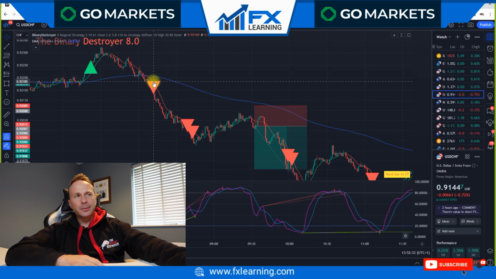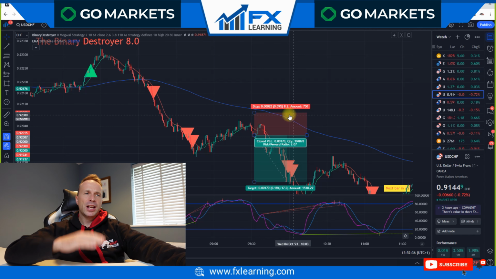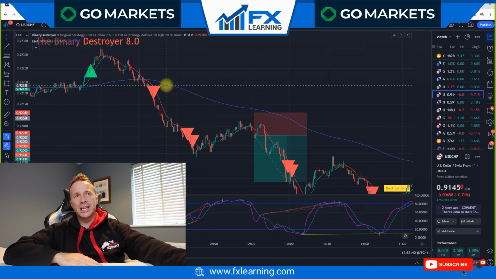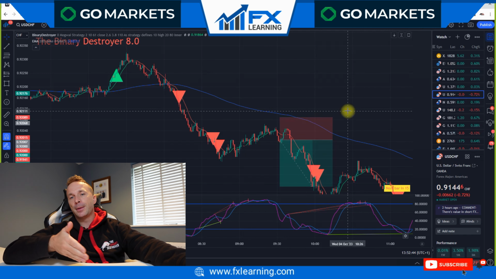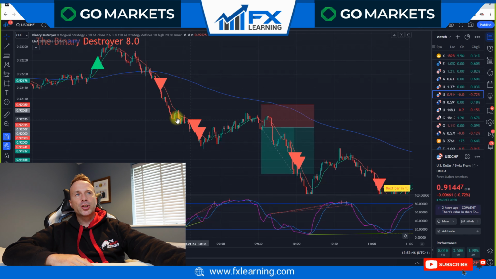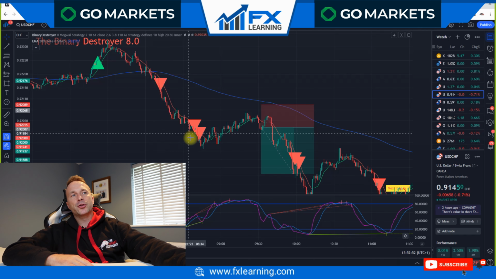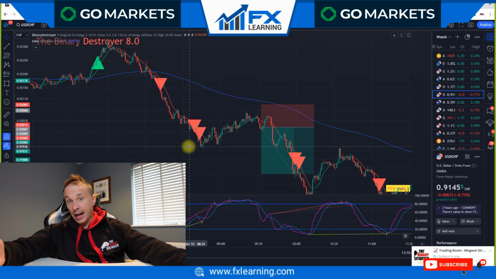I have a 200 moving average, and it's quite simple. If we're looking for sells, it's below the moving average. If we're looking for buys, it's above. We are below the moving average, and we have some Mogwai signals which confirm it is a downtrend.